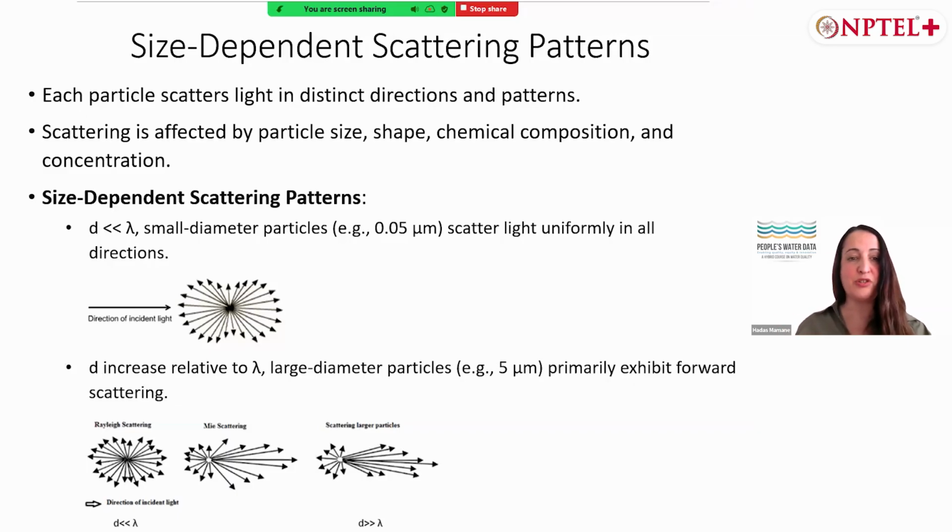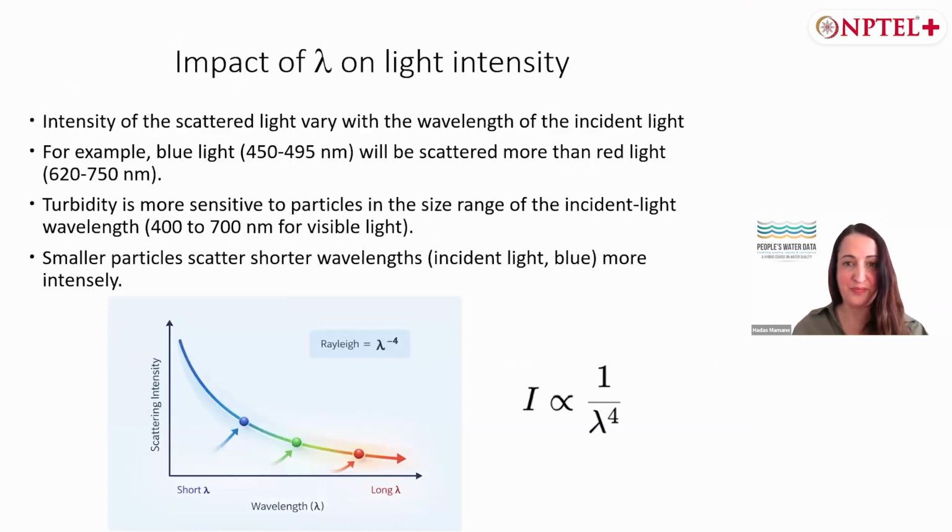Therefore, it's very important to understand if the particle is smaller than the wavelength, or if it is in a size similar to the wavelength or even larger. And that will impact the scattering patterns, and obviously it will impact the turbidity.